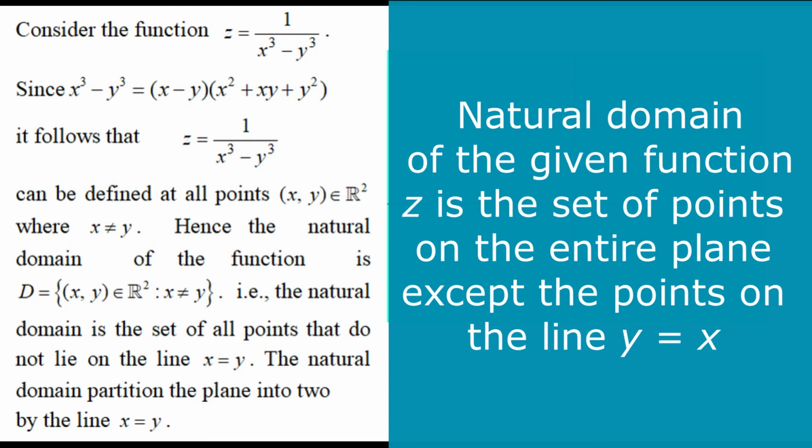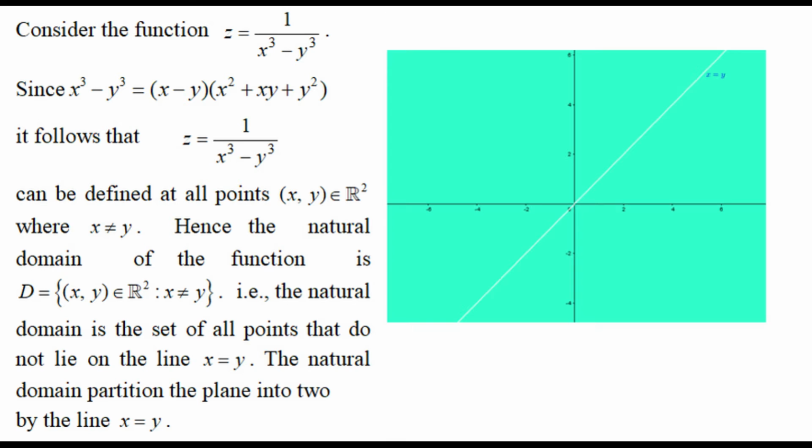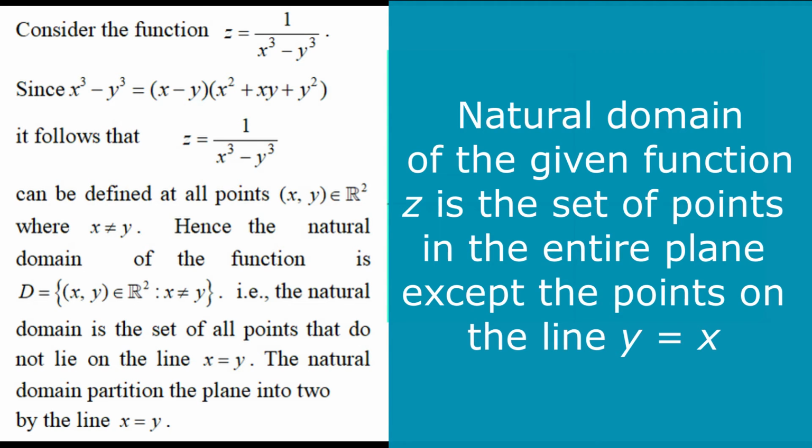As another example, consider the function z = 1/(x^3 - y^3). Since x^3 - y^3 = (x - y)(x^2 + xy + y^2), it follows that z = 1/(x^3 - y^3) can be defined at all points (x, y) in R^2 where x is not equal to y.